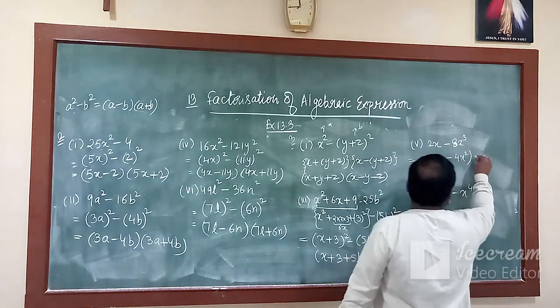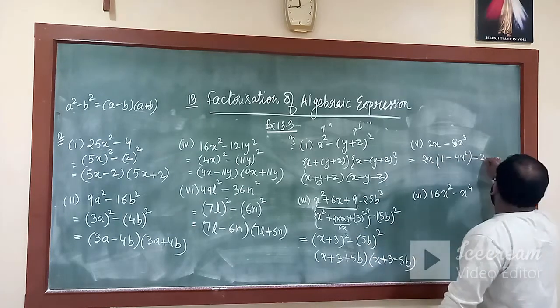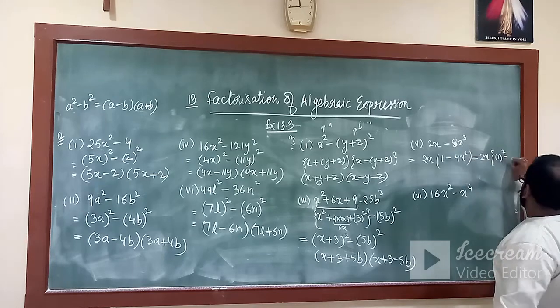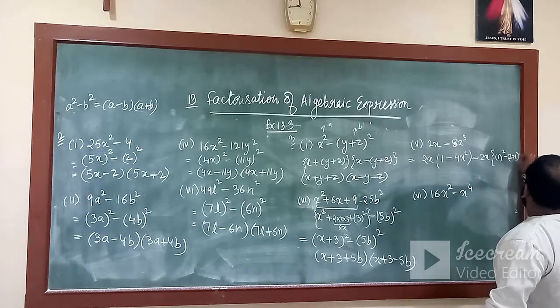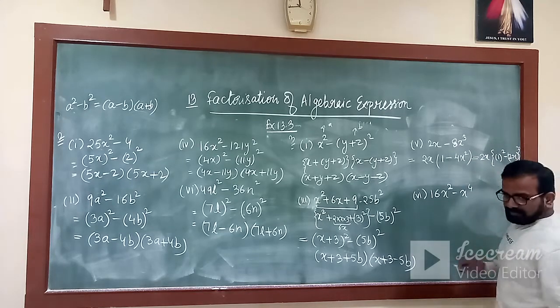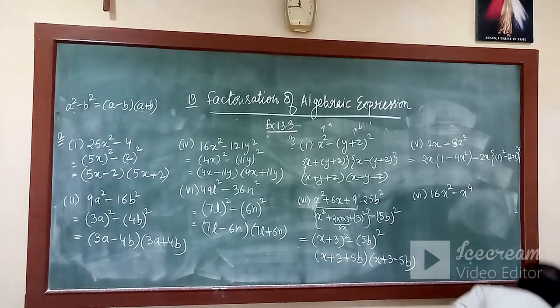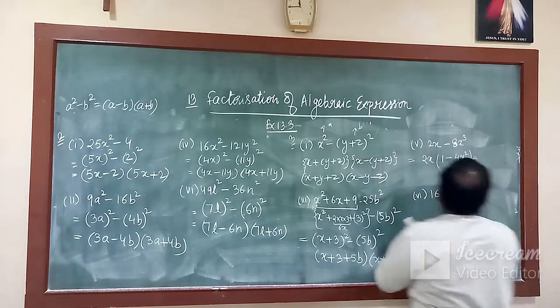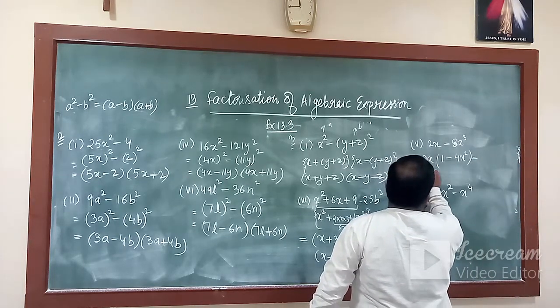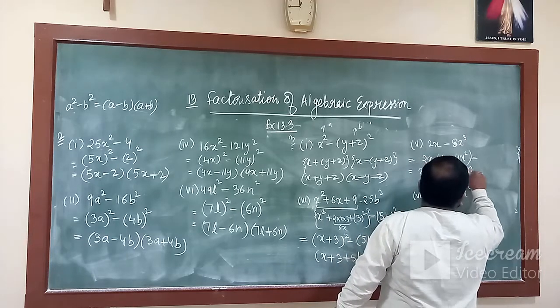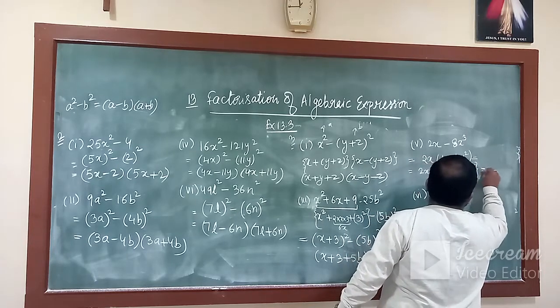You have to write one more step, that is 2x into, this is 1 square, and what is 4x square? 2x whole square. x, this is 1 square minus 2x whole square.